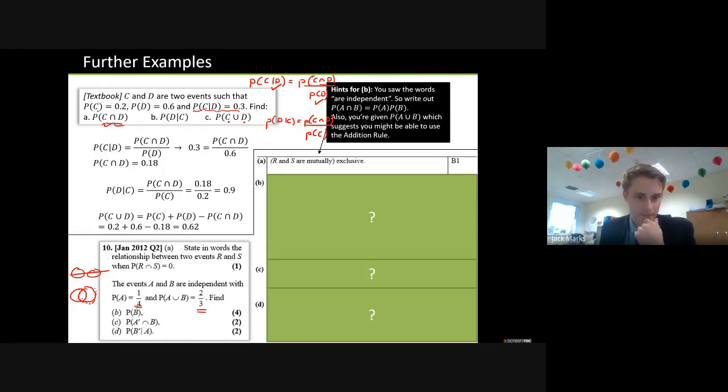It means probability of A times probability of B is going to be equal to that intersection, probability of A intersection B. So I'm coming up with two sets of equations, aren't I? I'm going to be able to find probability of only B with this part here, and I should be able to come up with some sort of equation using the fact that A multiplied by B gives A intersection B as well.